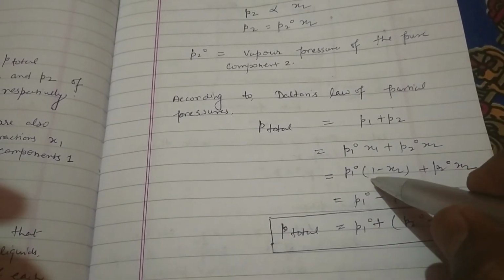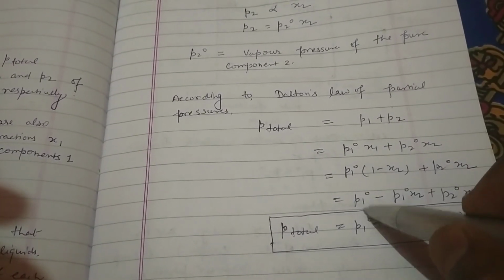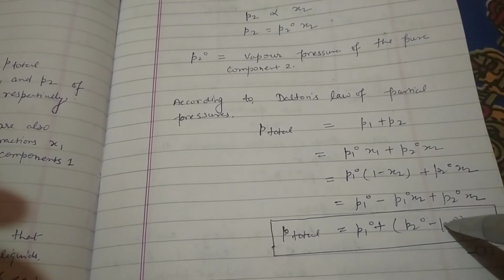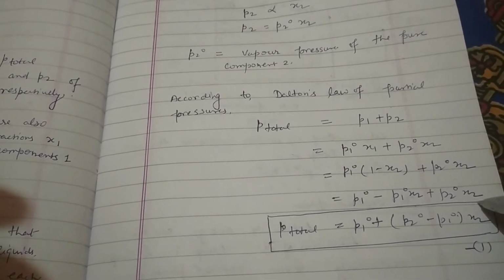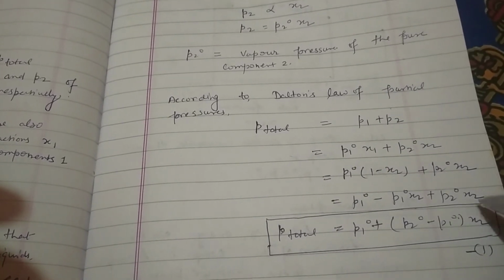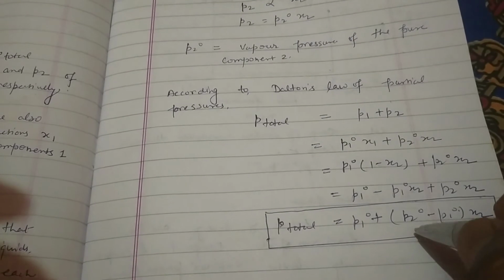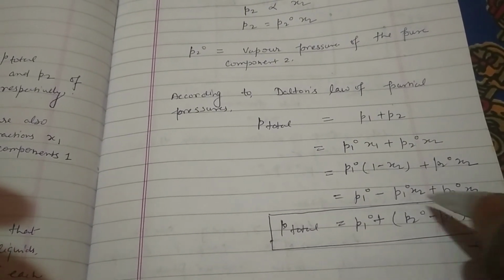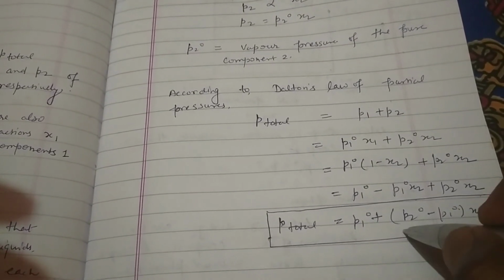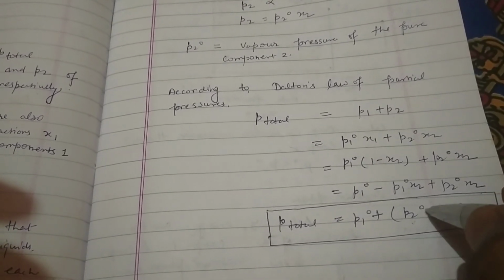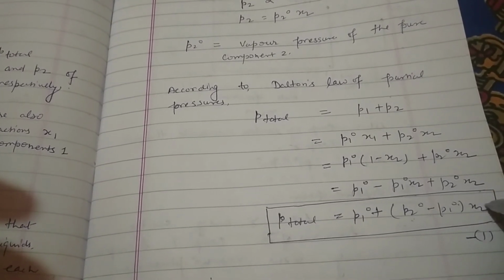So P1 naught into 1 is equal to P1 naught minus P1 naught x2 plus P2 naught x2. Here x2 is common, so we take x2 common, and P2 is positive, already written here. So P total is equal to P1 naught plus P2 naught minus P1 naught, times x2.